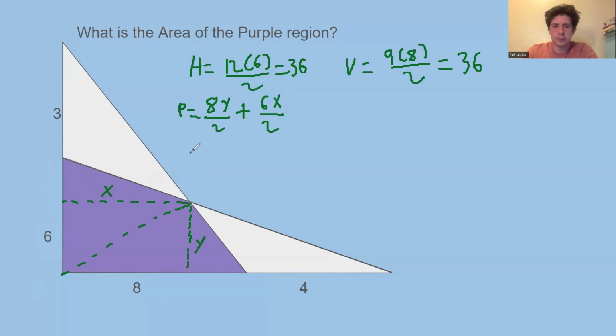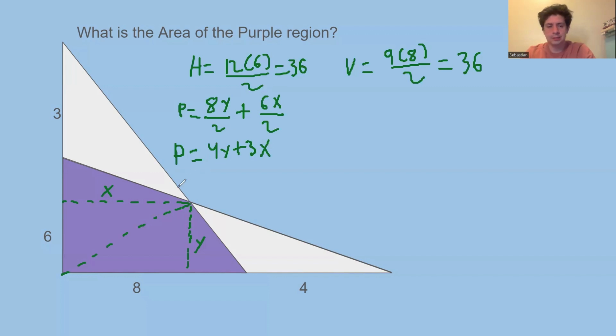So that equals 4Y plus 3X. So once we have that, we know that we just need to find Y and X. And we have these values for the two triangles. So let's see if we can find Y and X based off of this up here.